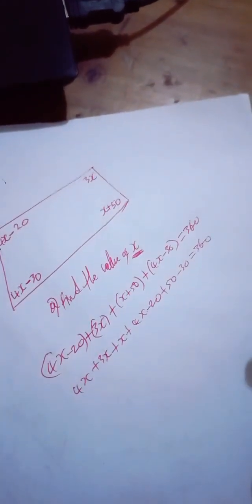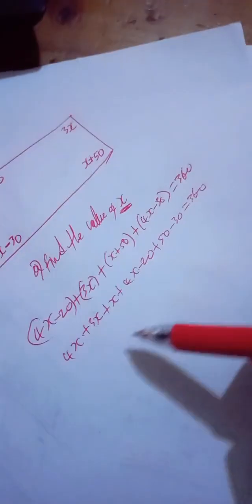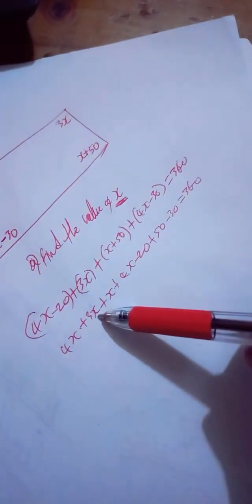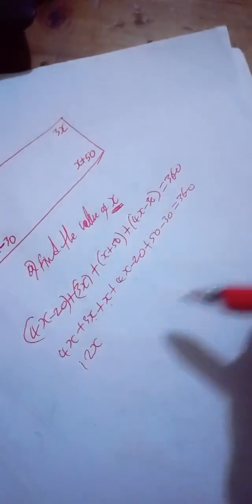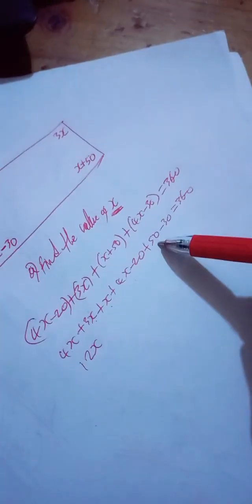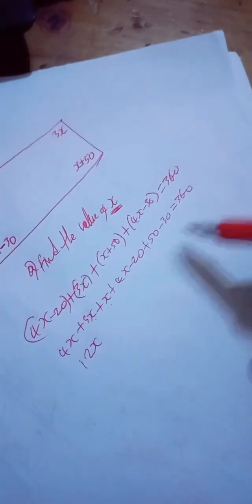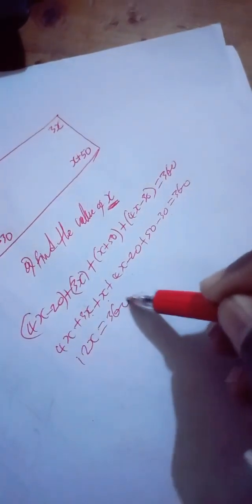From here, 4x plus 3x, 7x, 8x, 12x. And minus 20 plus 50 minus 30 is 0, is equal to 360.